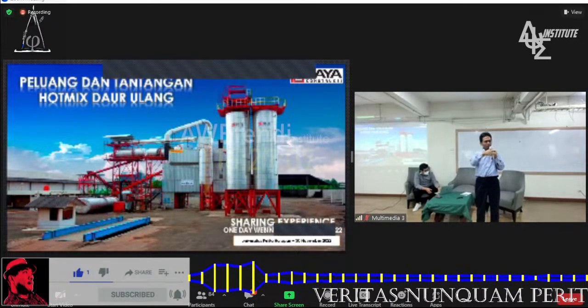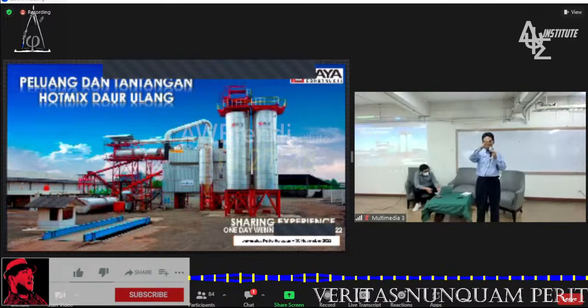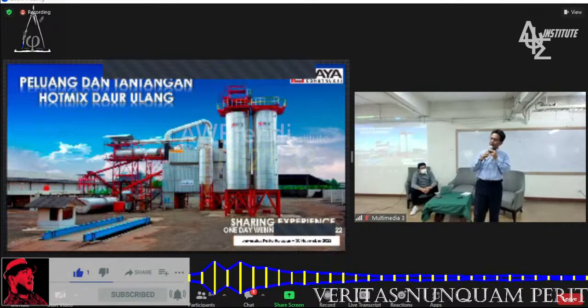Kalau dari kami menjawab, nanti bisa kita lihat bahwa pemakaian alatnya berbeda, tidak seperti AMP biasa. Kemudian materialnya ada rejuvenator yang juga berbeda. Tetapi dari sisi yang lain, dari segi lingkungan, polusi, dan penggunaan batu, itu pasti akan lebih menguntungkan.